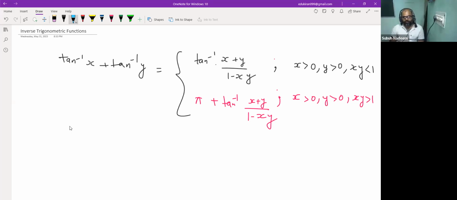So here, if we try to prove it, let tan inverse of x be equal to alpha and tan inverse of y be equal to beta.